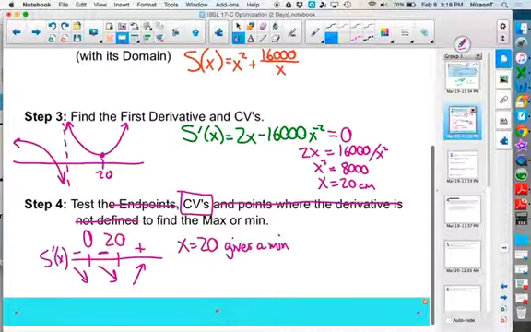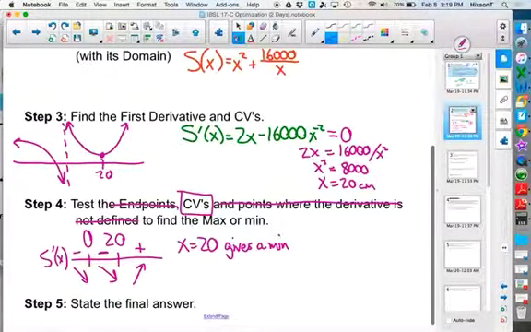So why do we only find the min? Depending on the problem. In this case, we want to minimize the surface area, so we want the one that gives us a min. It's possible you could have a min and a max, then you just have to pick the right one.